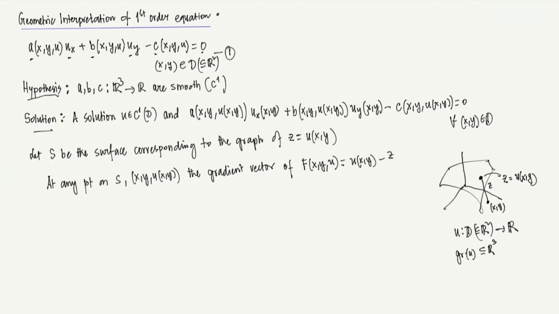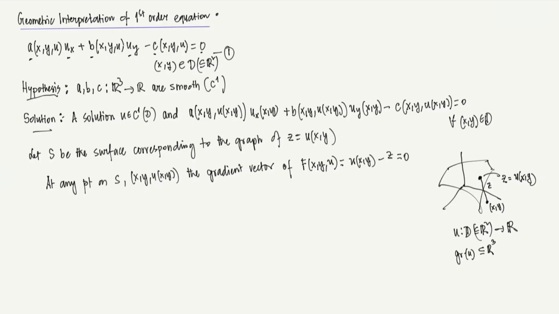Okay, so essentially, you see, what we are doing is this. First of all, you have a solution u, and that solution, if we want to draw the graph of that function, that will lie in R3. That is a surface, and that is nothing but the level set of a function capital F, right?